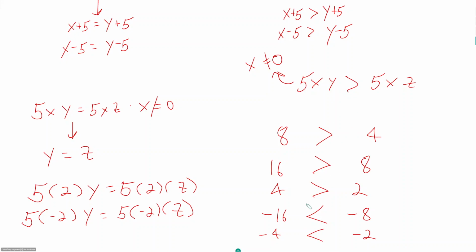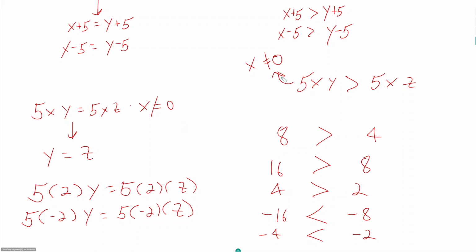So when I am multiplying or dividing by a number that is less than 0, it flips the direction of my inequality sign. And in fact, that is the only new thing you need to take into account when dealing with inequalities instead of equations.